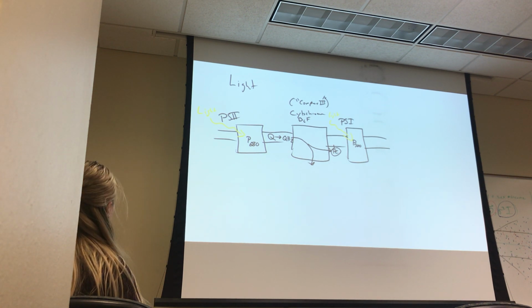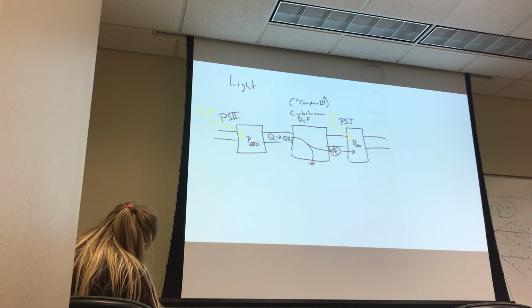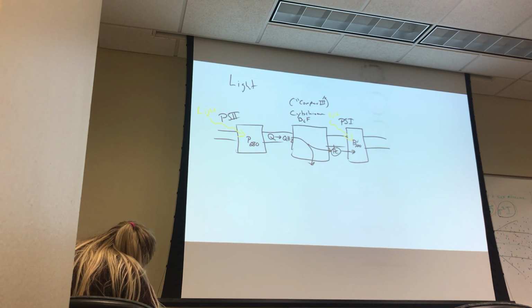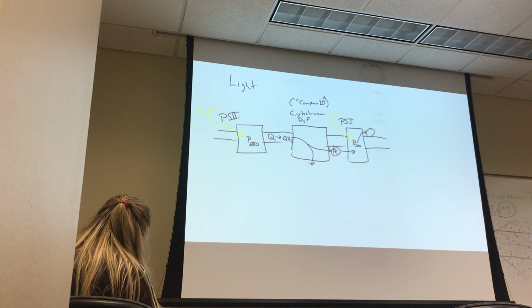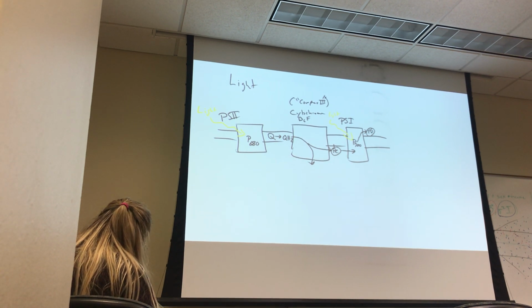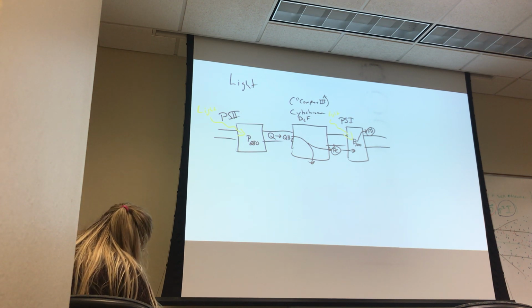And then basically this will shuttle electrons, and I'm just drawing out the flow of electrons over here to the P700, and ultimately those will come up and they will get attached to ferredoxin, which is an iron sulfur protein.